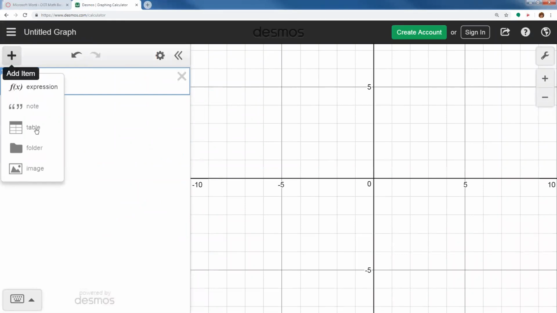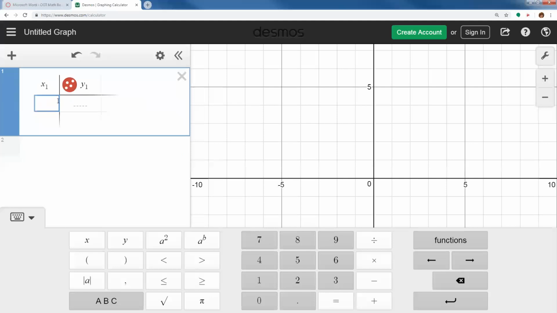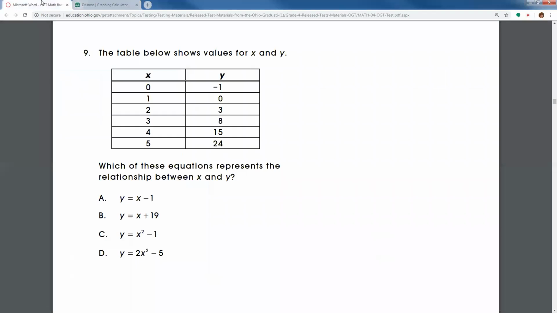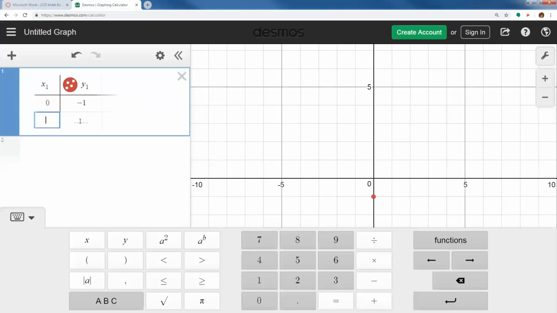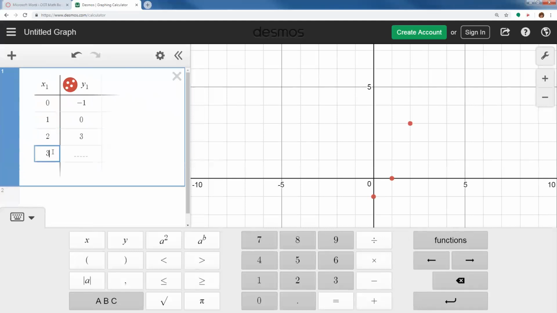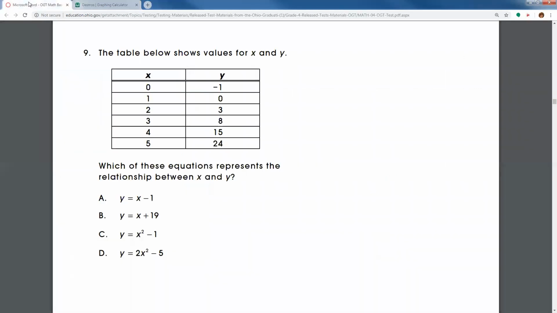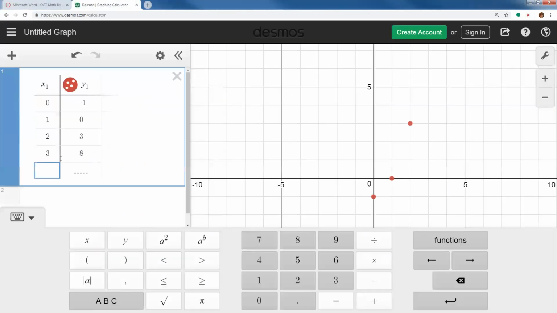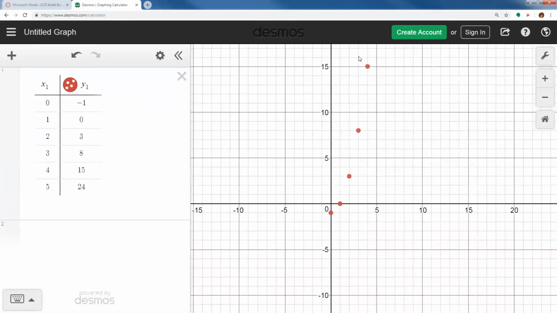You can go to this plus sign and add a table in, and you can literally type in this table: 0, -1, 1, 0, 2, 3, 3, 8, 4, 15, and 5, 24. So you can see it's actually putting dots on your screen for that table.